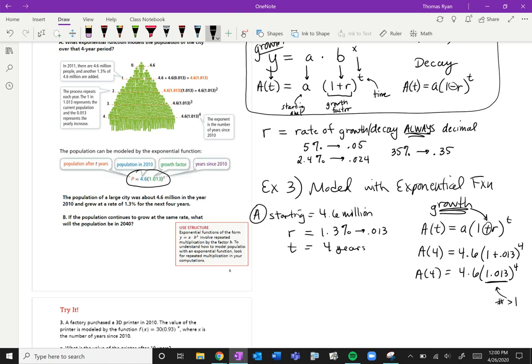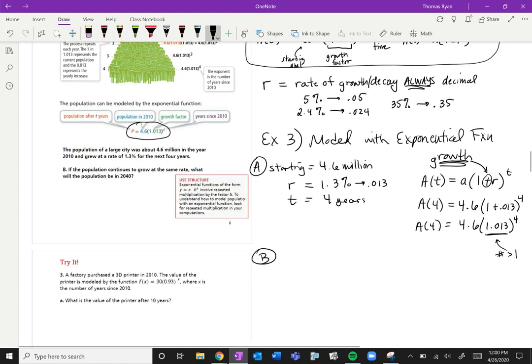So now part B is asking us, well, if the population continues to grow at the same rate, what will the population be in 2040? So let's get down all the things we know. Our starting value was still 4.6 million. Our rate is growing at the same rate of 1.3%, so that's going to be 0.013.